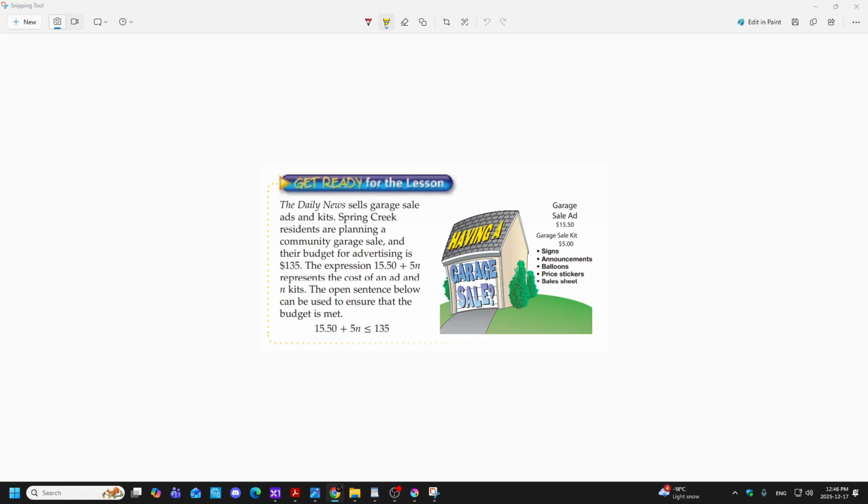Spring Creek residents are planning a community garage sale, and their budget for advertising is $135. The expression they came up with is 15.50 plus 5n, which represents the cost of an ad and n number of kits. The open sentence below can be used to ensure that the budget is met. That's an example.